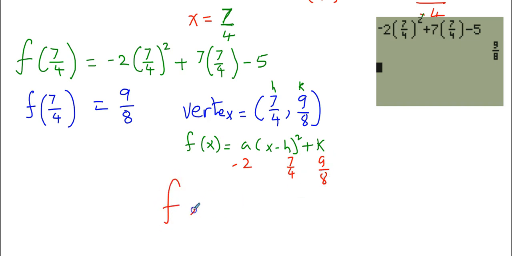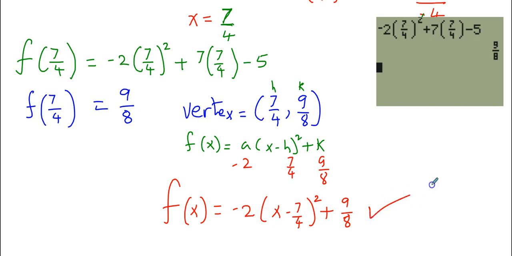So my vertex form is going to be f of x is equal to -2 times x minus 7 over 4 whole square plus 9 over 8. If you want, you can change this into decimal form, that's fine. We have fractions here, right?